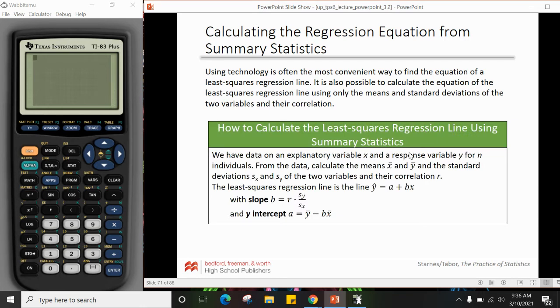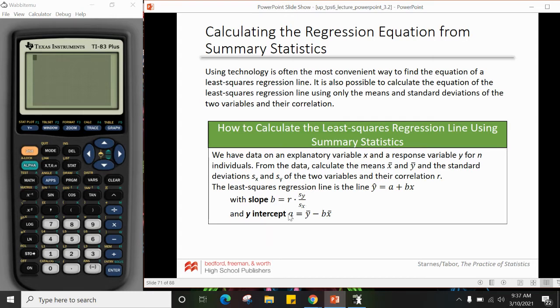You can actually find this by hand, and these formulas are on the formula sheet if you ever needed it. The slope B is equal to our R, which is our correlation coefficient, times the standard deviation of Y over standard deviation of X. And that formula is exactly how it is on the formula sheet.